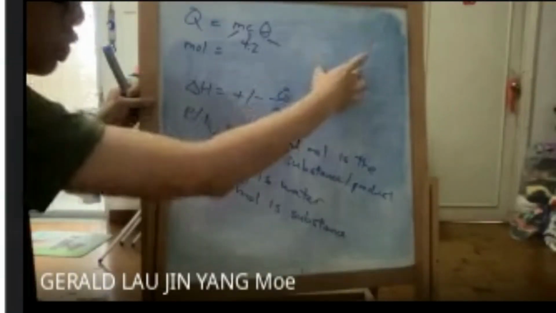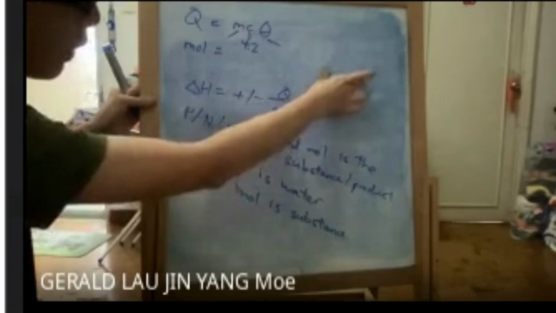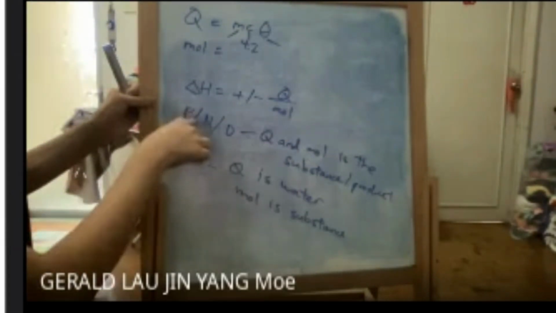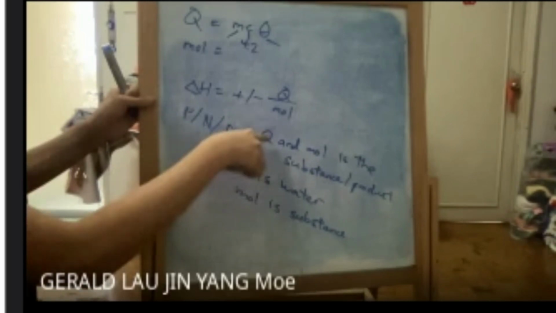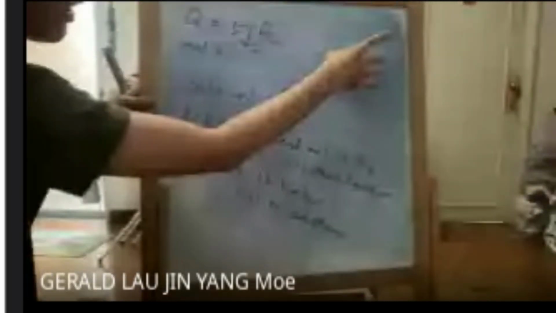A chemical equation is the substance. For precipitation, neutralization, displacement, the Q and the mole, all you get from the equation, the substance here. Later we look at the example, don't worry, okay? But for this combustion, only the mole you can get here. Let's say propanol, for example, you can get here.